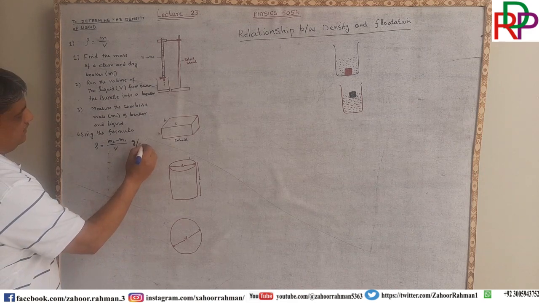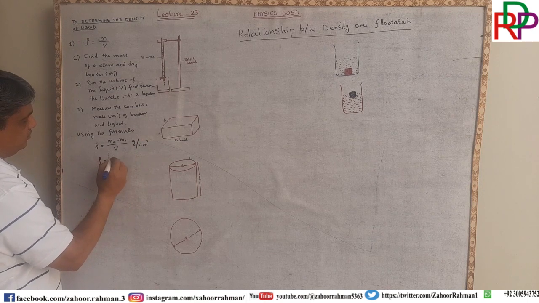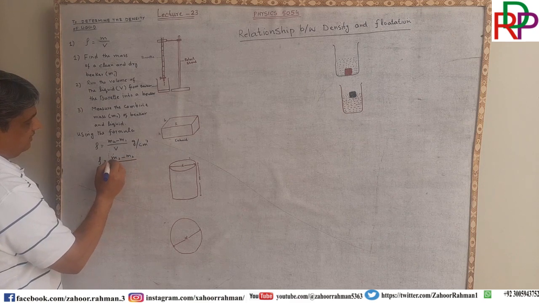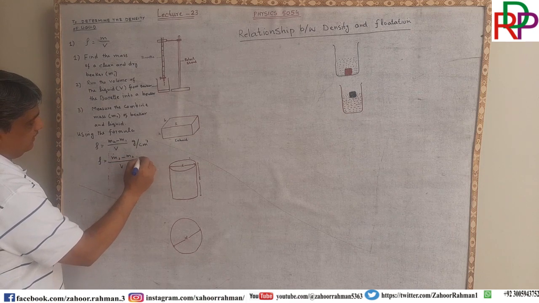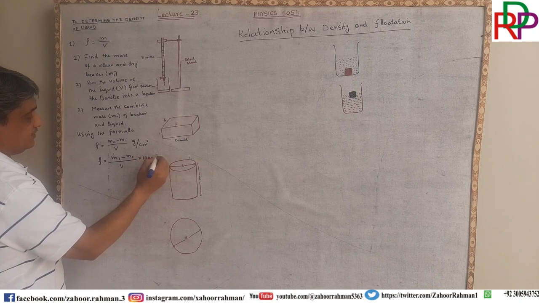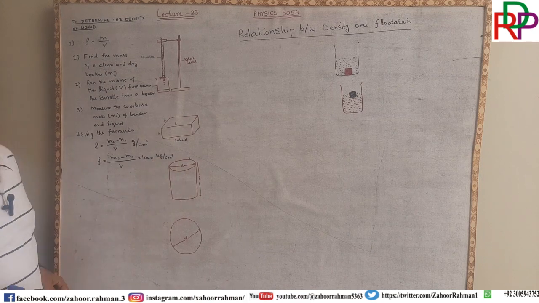So you are taking it in centimeter cube, or if you want to convert it into kilogram, then you have to multiply with 1000 and it is kilogram per meter cube.